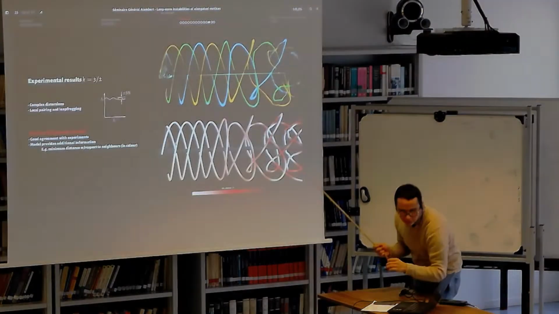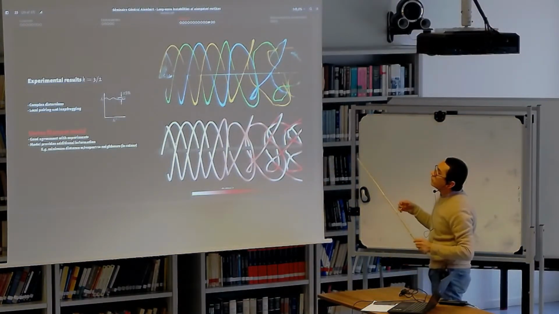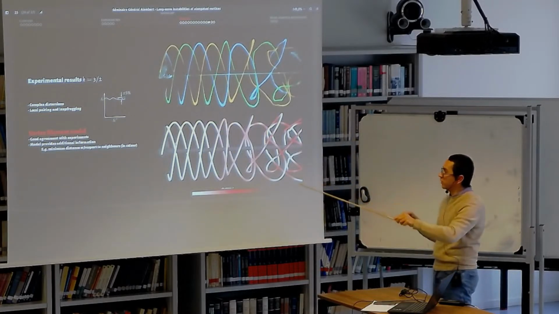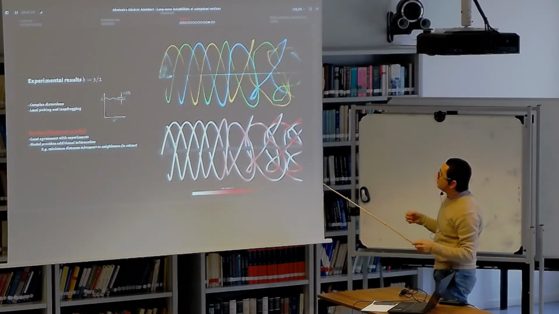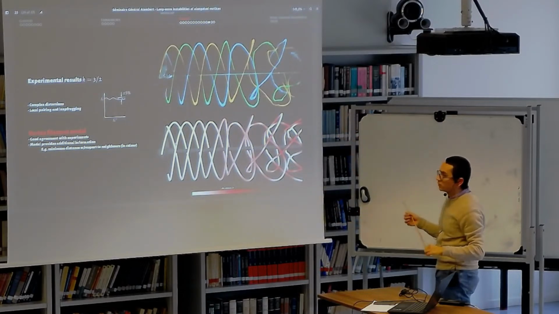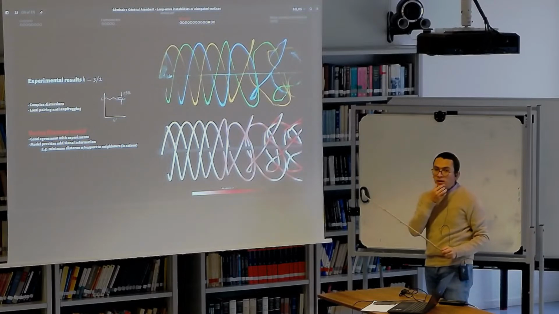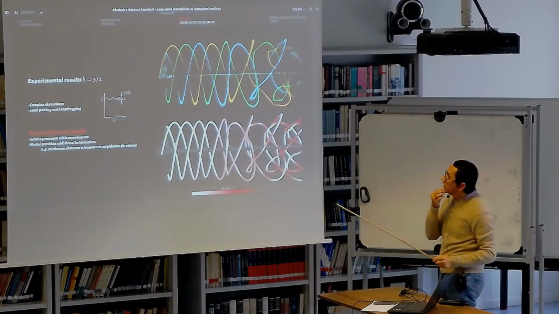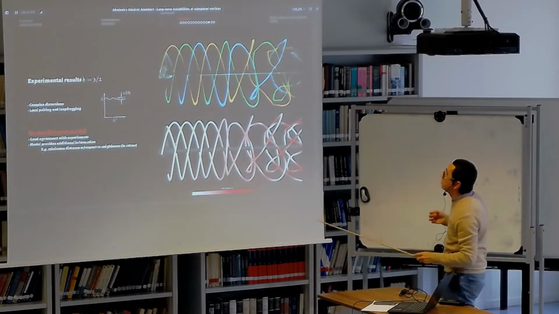Okay. We can use these results and compare them with the experiments. The experiments are on top. The results from the model are on the bottom. We have a really decent agreement between the two.